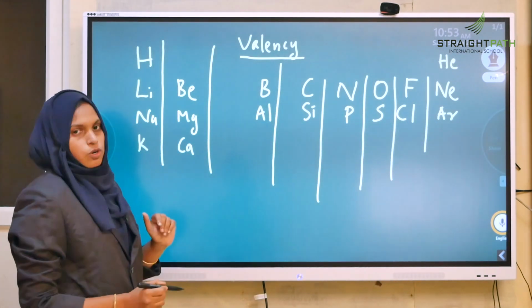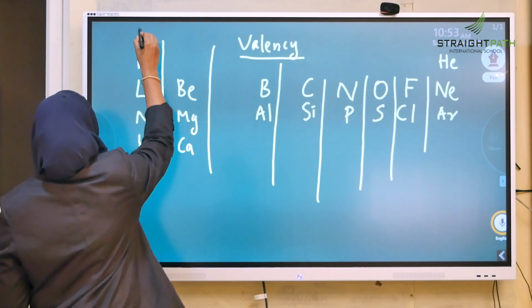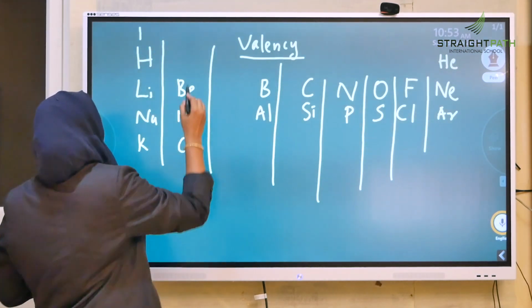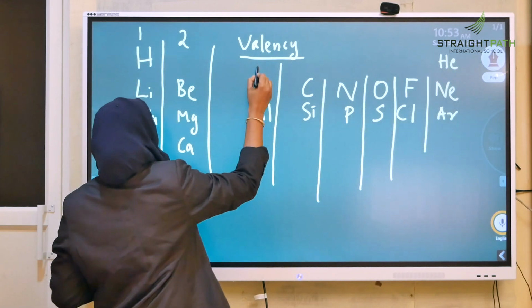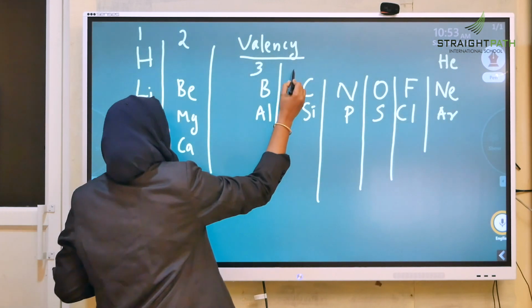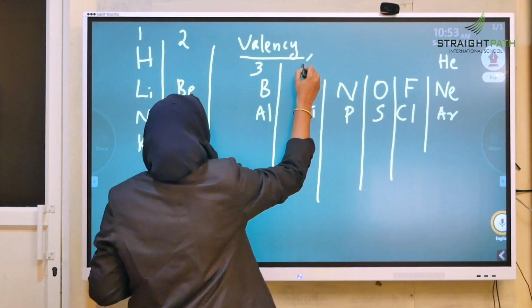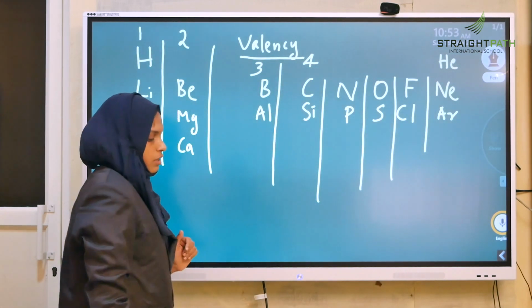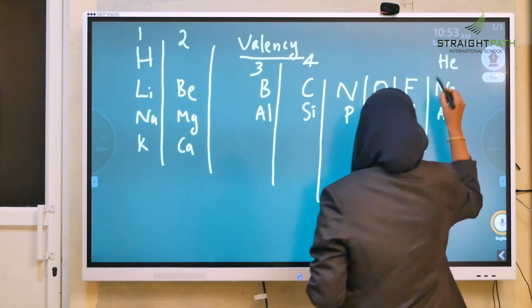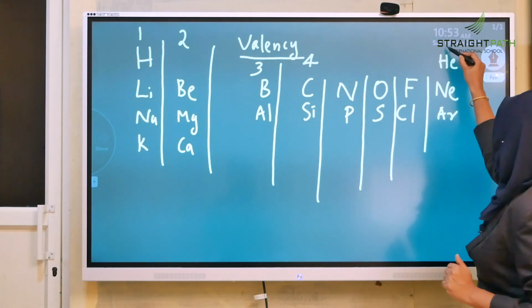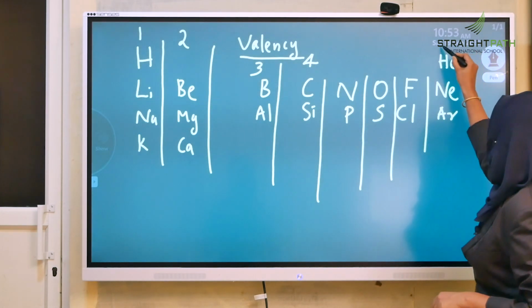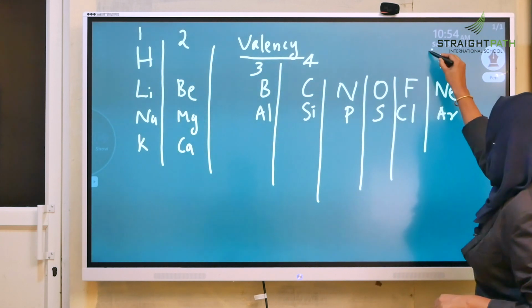In the first column the valency is 1. For the second column valency is 2. For the third column valency is 3. For the fourth column valency is 4. Then come to the right side. Here the valency of this group is 0.